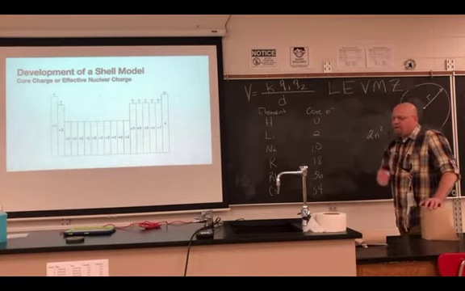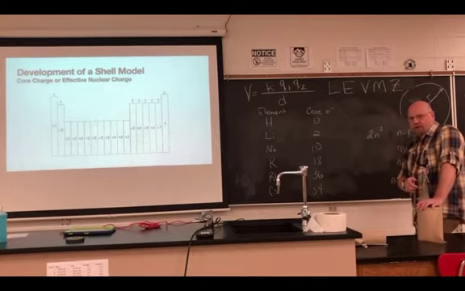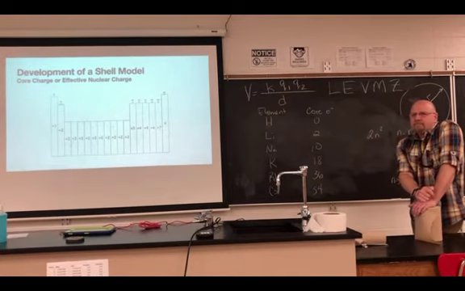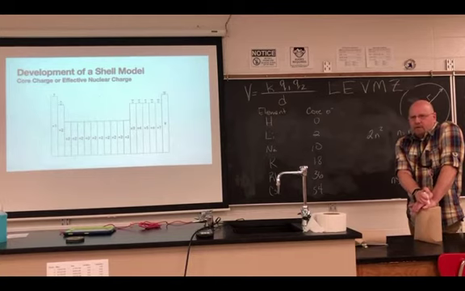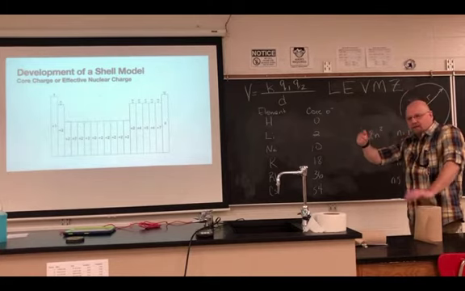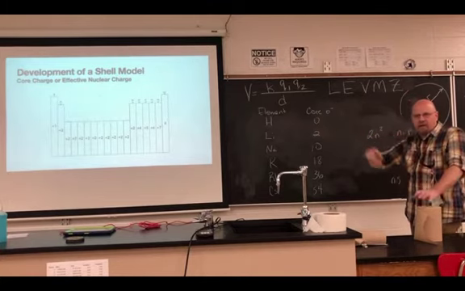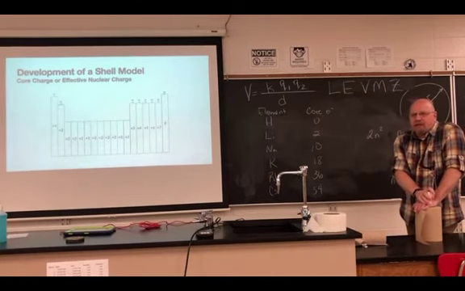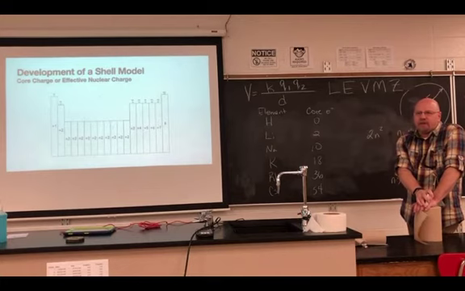I was curious. When two atoms come together, and we're going to talk about chemical bonding second semester, there are attractions between the nucleus of one and the electrons of the other, and the size of the atom and the structure of the electrons changes during that process.